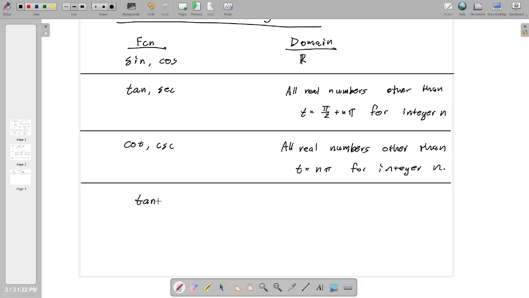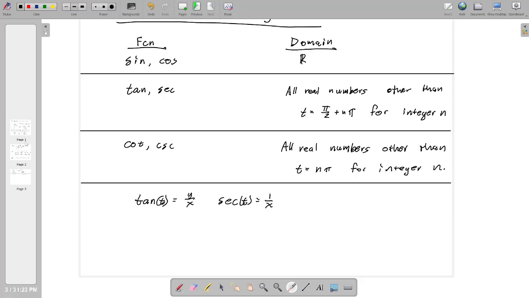So for tangent and secant, remember tangent of t equals y divided by x, and secant of t is equal to 1 over x. Notice that they have the same denominator, namely that it's x.